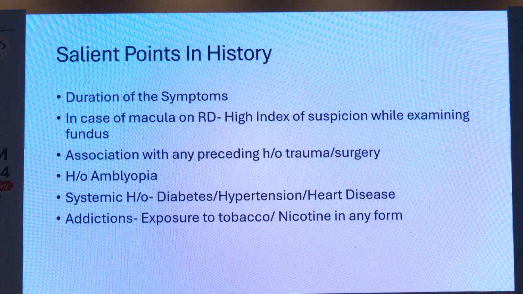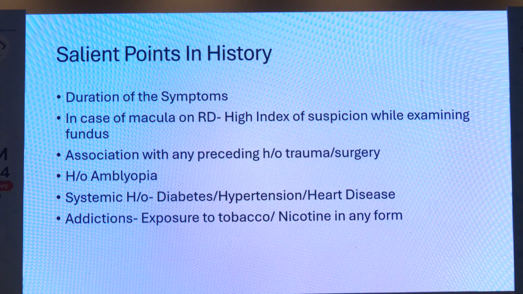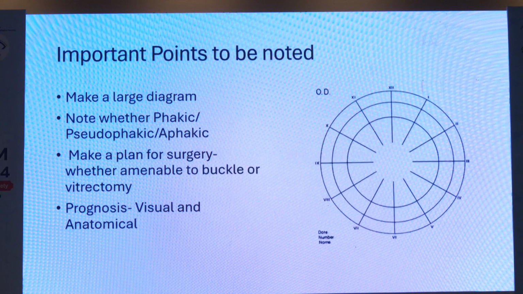Again, any history of preceding trauma or intraocular surgery which has led to the RD is to be known. History of amblyopia preoperatively itself will worsen the visual outcome. Again, systemic history of diabetes, hypertension, heart disease, any exposure to addictions, tobacco, nicotine will affect the optic nerve function, again affecting your visual outcome.